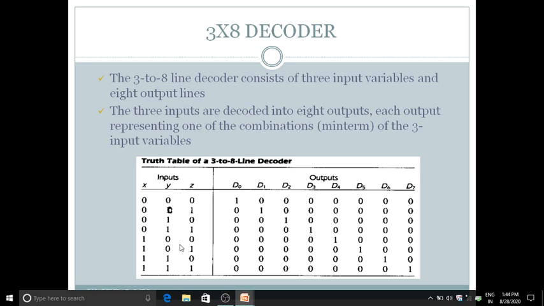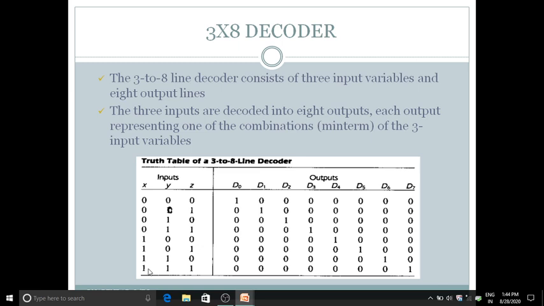When 1, 0, 0 is applied, D4 is made high. For 1, 0, 1, it is D5, and for 1, 1, 0, the D6 line is made high.